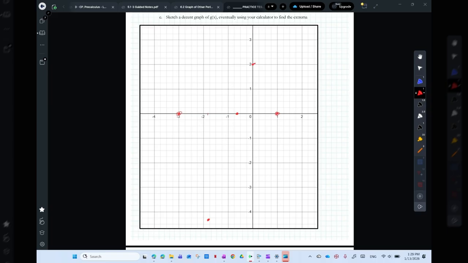So that is going to be enough for me to sketch a decent graph of this polynomial. And here you have it.